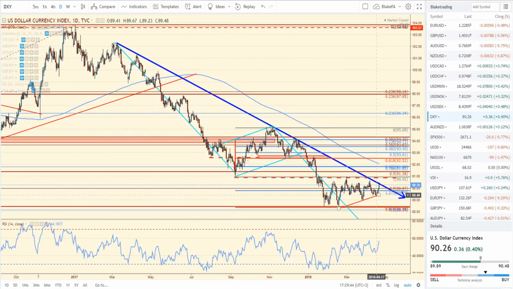There's a few other events happening this week, and I guess I should mention them while we're here. Monday night we have CPI out of Australia. We also have, on Thursday night, Friday morning, the BOJ rate decision, which we're not expecting to change their stance.